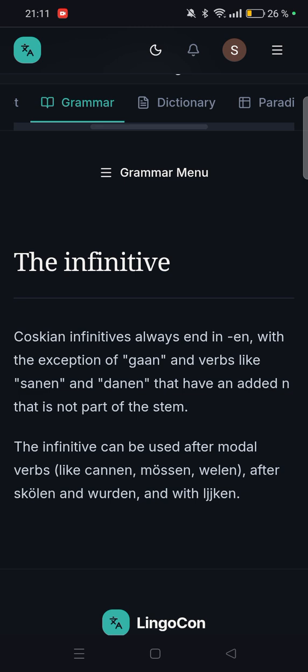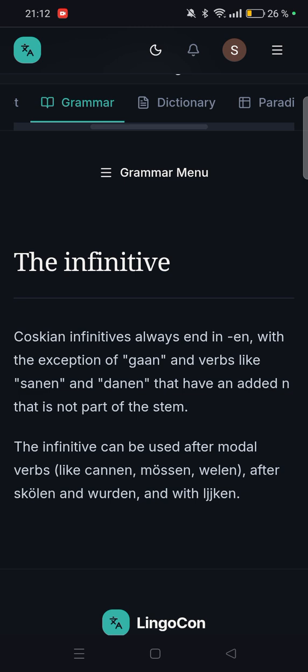It's not part of the stem because, as you'll see, the present is literally the stem. The present of these is sa and da. So the n is not part of the root. Technically, the infinitive ending is nen here, but it doesn't matter. Okay.